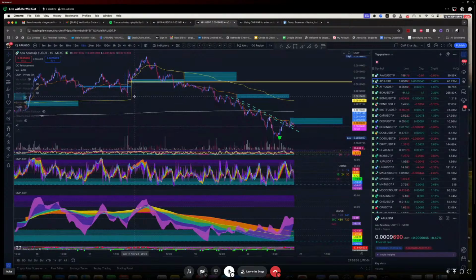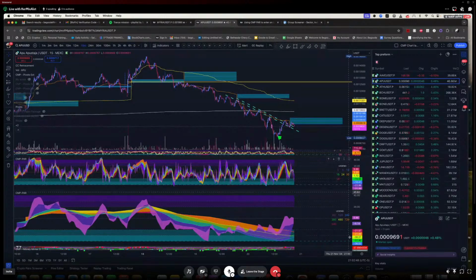I have 8 coins, and I want to highlight the PAR gap. The PAR gap is basically when all the time frame lines that I have on the indicator converge. As you'll see here with the scalp, to the right where the cursor is, you have 3, 6, 12, 15, 24, 30, and 36. This is just creating a ribbon on all low time frames to make my scalp ribbon.